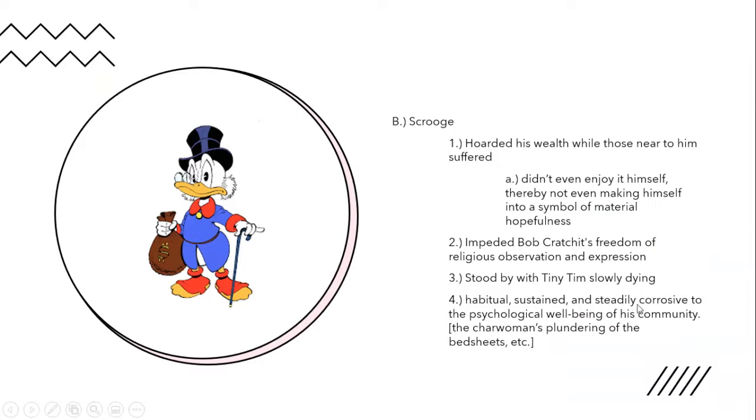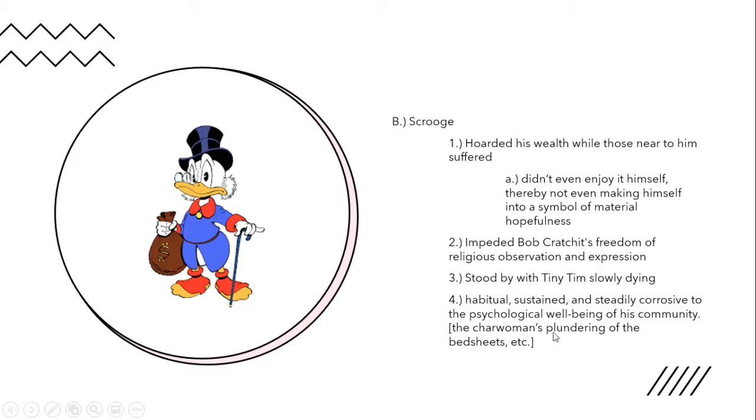If you know the story, he's the boss of Bob Cratchit, and he's very much opposed to Bob Cratchit celebrating Christmas. This is perhaps poorly worded, but Scrooge stands by while Bob Cratchit's son, Tiny Tim, who's sick, is slowly dying. And it's habitual, sustained, and steadily corrosive to the psychological well-being of his community, these crimes, right?